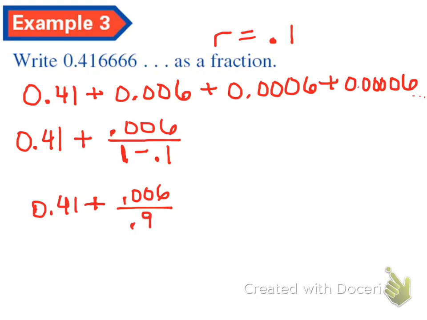Okay, now rewrite these as fractions. You would have 41 over 100 plus, slide that decimal over 3 places in the numerator. You'll slide it over 3 places in the denominator, so it would be over 900. Well, to add these, you've got to have a common denominator. So common denominator would be 900.